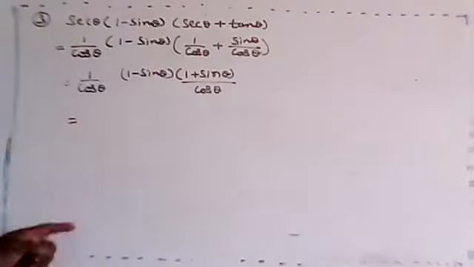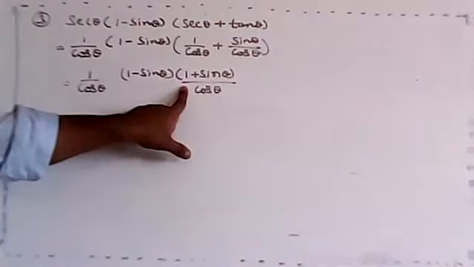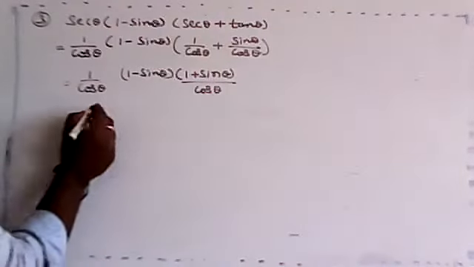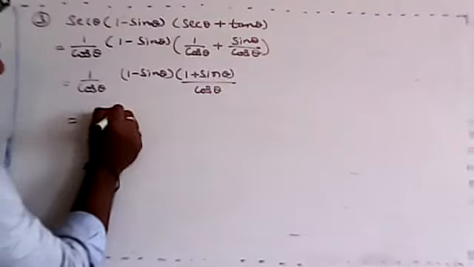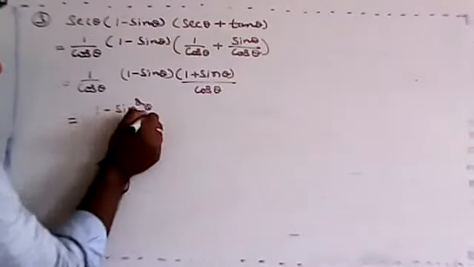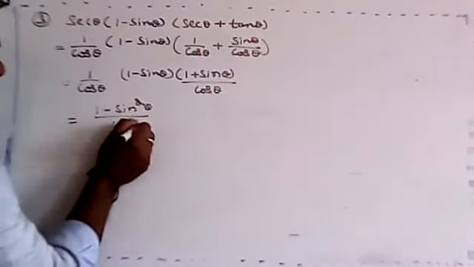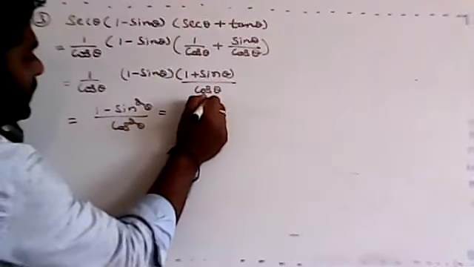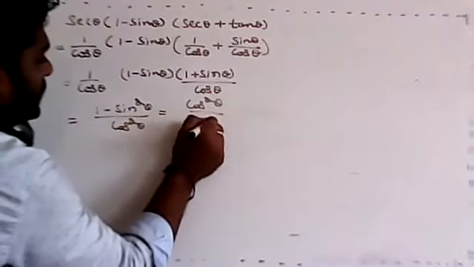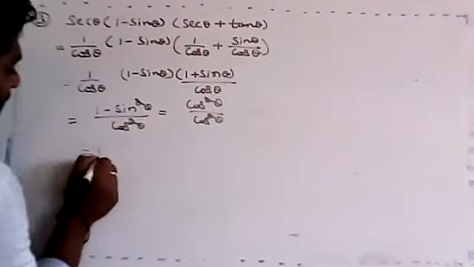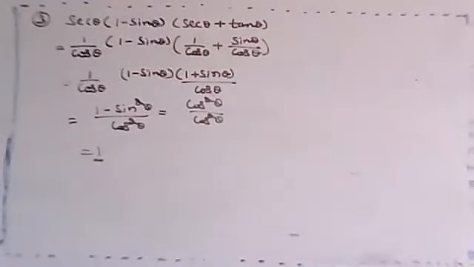So apply A plus B into A minus B is A square minus B square. 1 minus sin theta, 1 plus sin theta is 1 square minus sin square theta divided by cos square theta. So it is nothing but, 1 minus sin square theta is cos square theta. So cos square theta gets cancelled. The answer is 1.